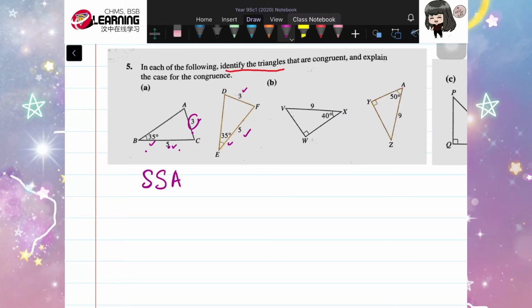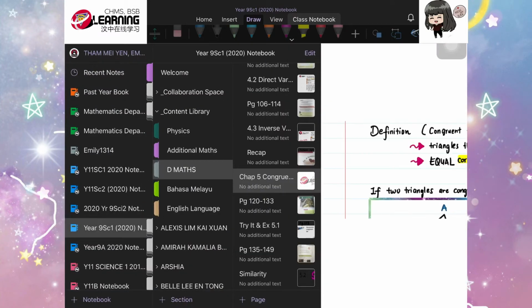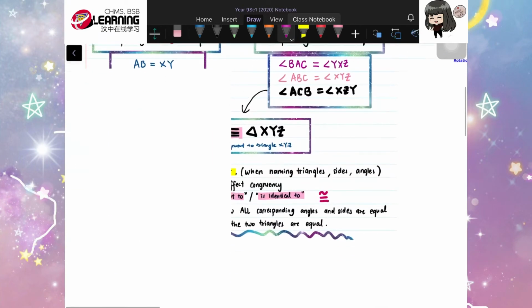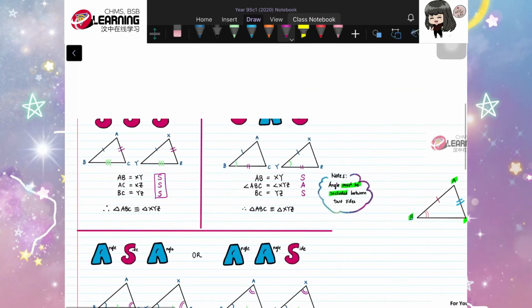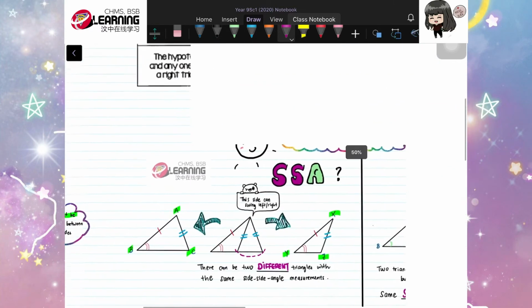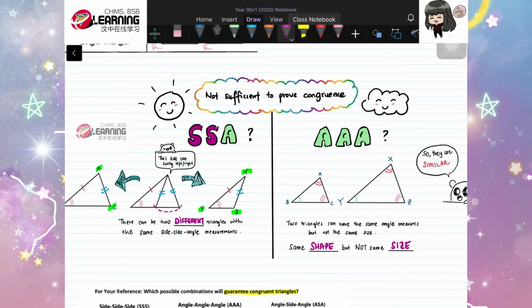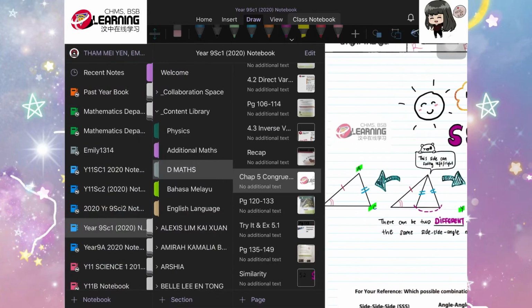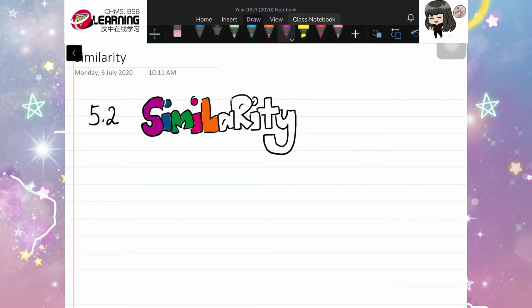So SSA. But the question here is, does SSA fulfill the condition of congruent triangles? Okay, if you look at the congruent condition, the test for the congruence, if you remember this, it's only SAS, ASA, AAS, and RHS. But we already know that SSA does not prove that they are congruent. It's not enough information to show that they are congruent.